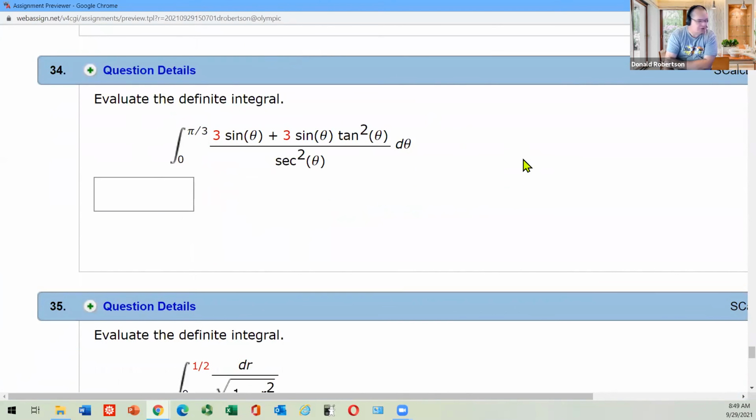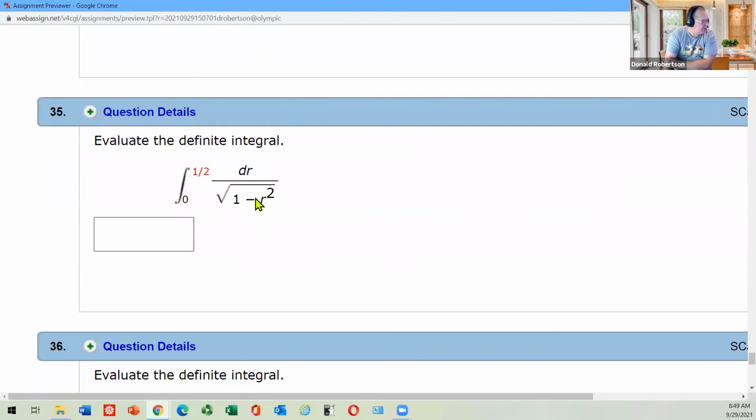Remember we did this one earlier today, right? What's that one? It is a standard integral. What is that one? One over the square root of 1 minus r squared. And what's the antiderivative of 1 over the square root of 1 minus r squared?